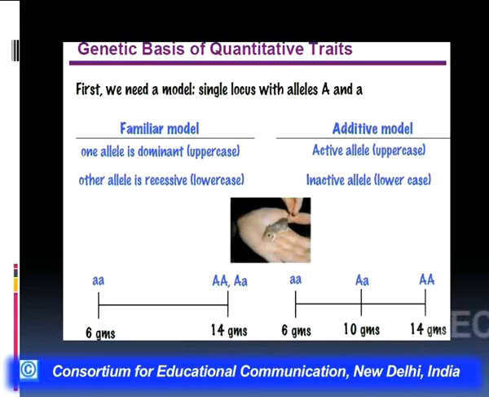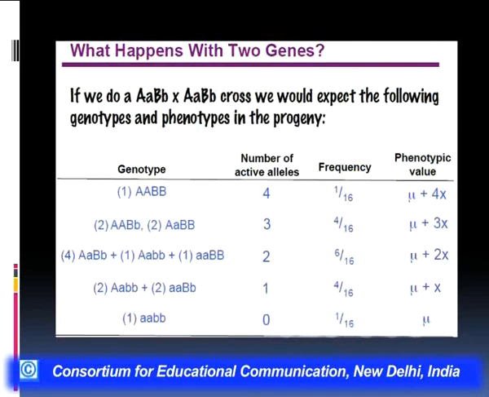In an additive model, we find that if there are no dominant alleles, the weight is 6 grams, fine. But if there are 2 dominant alleles, then only it is 14 grams. If it is 1 in place of 2, then it remains only 10 grams. So, where did this third phenotype come? This is the effect of a non-Mendelian type of existence, what we call as an additive gene, an extra gene, which we would now call as a polygene.